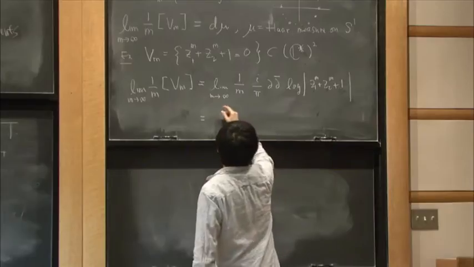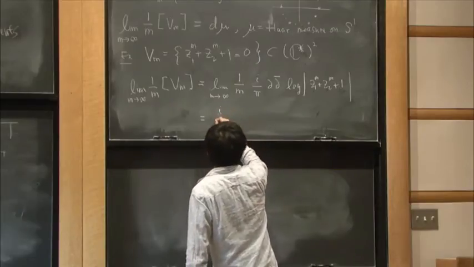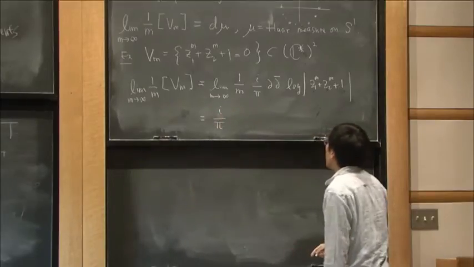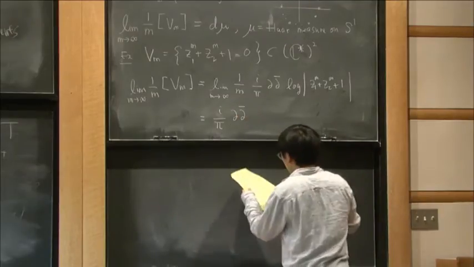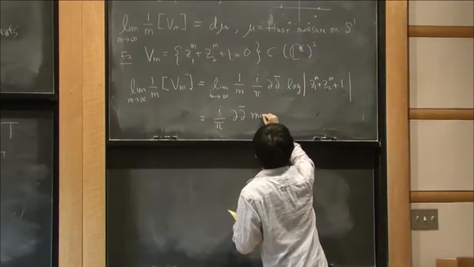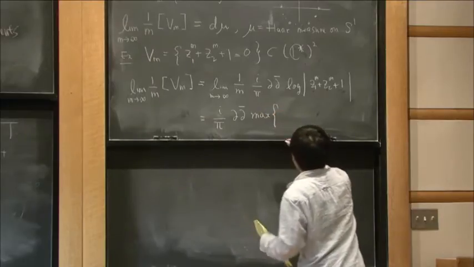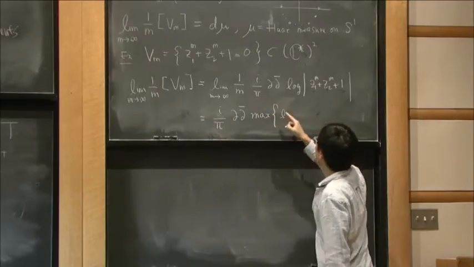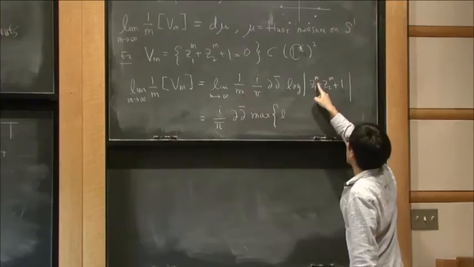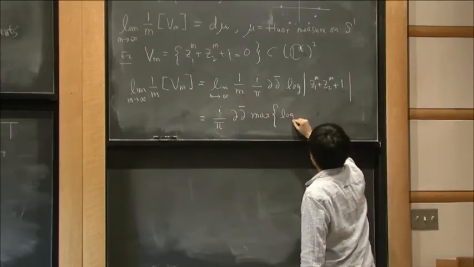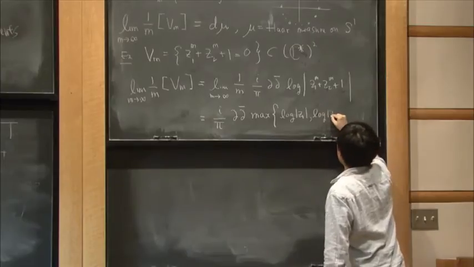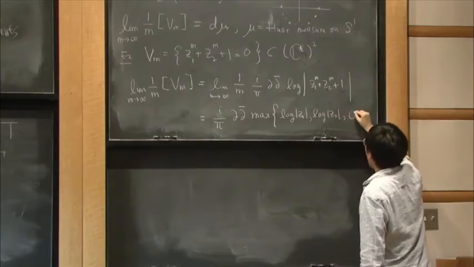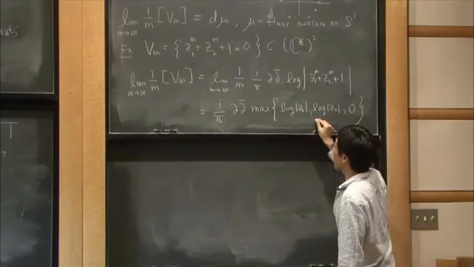So this should be i over pi partial bar partial of the function which takes the maximum of, dividing out by m and canceling out this factor, log of absolute value of z1, log of absolute value of z2, and log of 1, and that's 0.